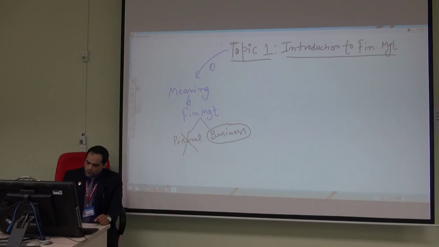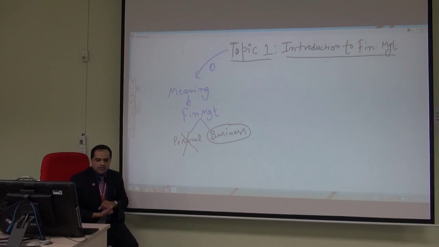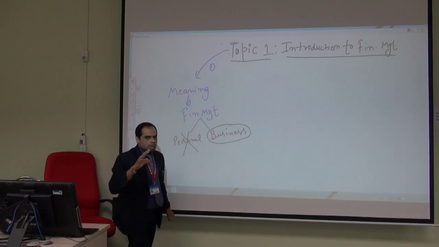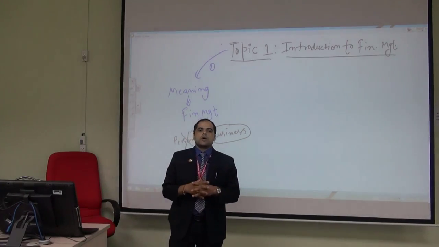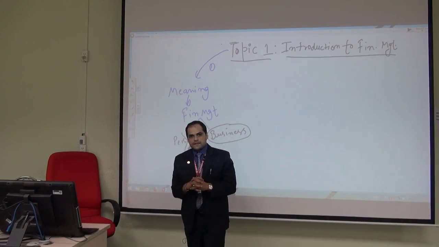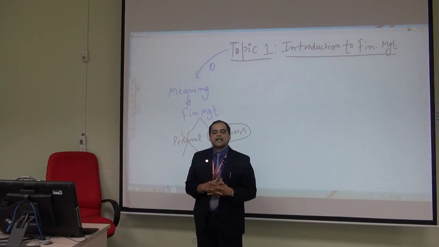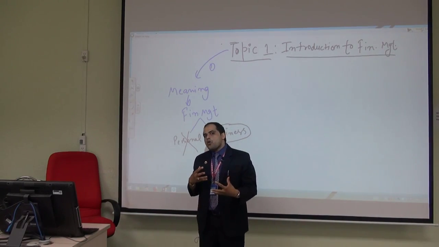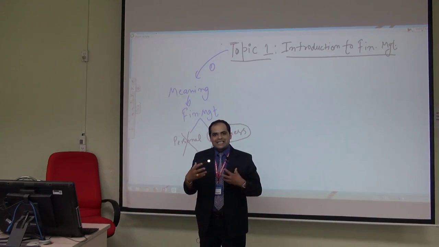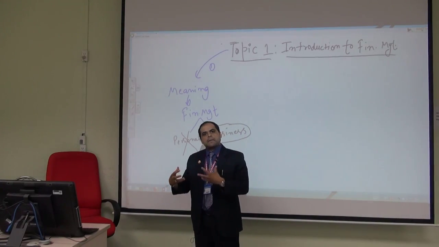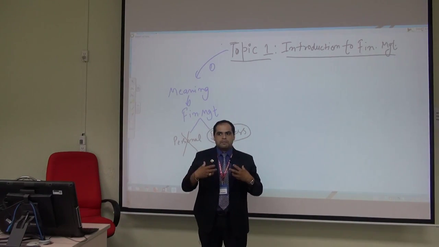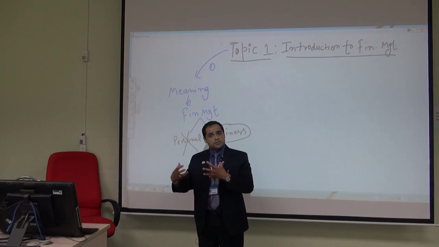So before we move on to business financial management, we have to understand the meaning of business. As I explained in the class, business involves trading activities to make money. We buy and sell products and services in order to make money.